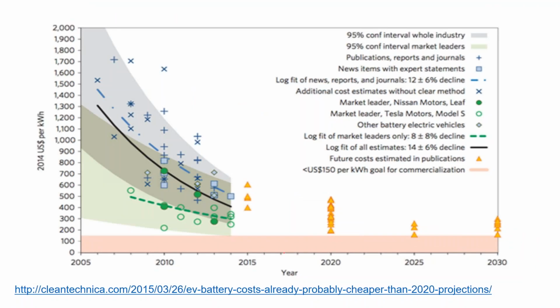And so looking at this chart, here we are in 2017, $600 as the retail price for the LG Chem battery. So we're kind of on the high end of this curve.